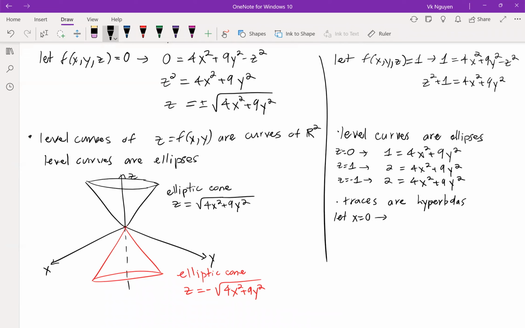Then what do we have? One equal to 9y squared minus z squared. Let y equal to 0. Then what do we get? We get 1 equal 4x squared minus z squared. These are hyperbolas.